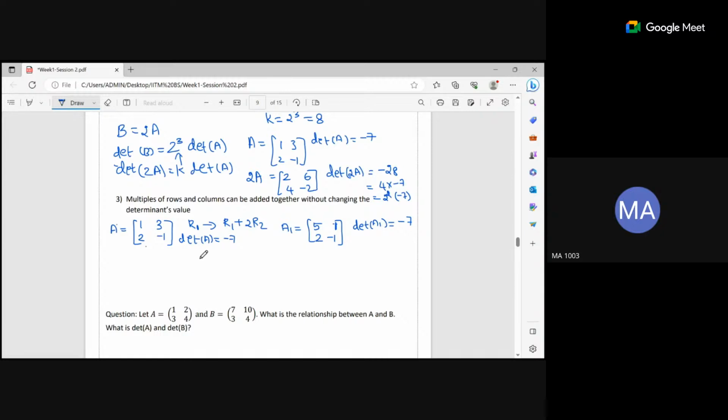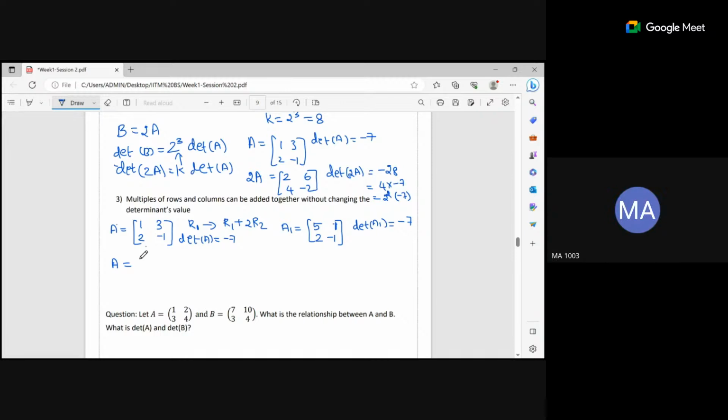I'll do the same for the column as well. Let's say you are replacing C2 with C2 minus 3 times C1. What is the matrix you are getting? Let's call it A2.